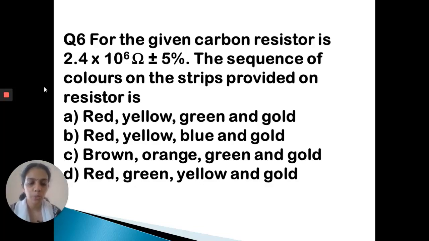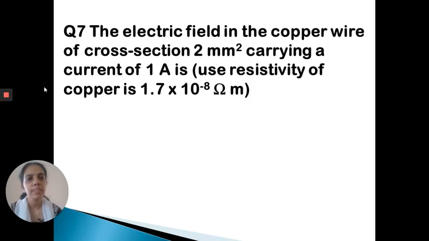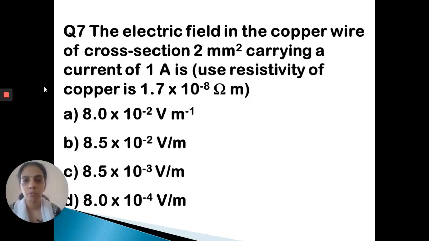The next one: the electric field in a copper wire of cross section 2 millimeter square carrying a current of 1 ampere, where the resistivity of copper is 1.7 into 10 to the power minus 8 ohm meter. We need to find E. How can we find E?